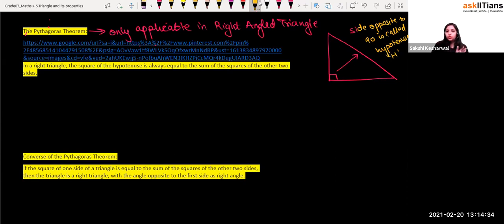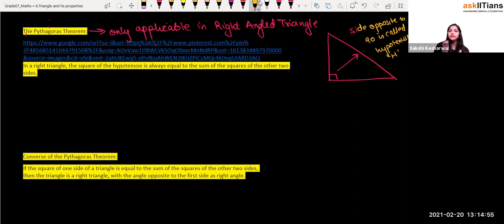Now these are the two sides adjacent to the 90 degrees which have been drawn. They can be called leg 1 and leg 2, or side 1 and side 2. That doesn't matter, right? Which one is the perpendicular, which one is the base, and which is leg 1 and leg 2, we will learn more in class 10th, but right now we just have to know which one is the hypotenuse.